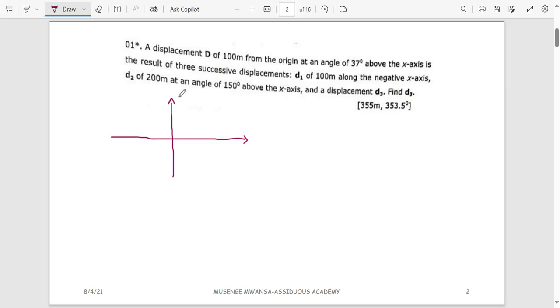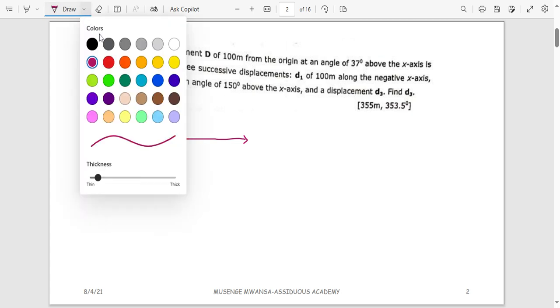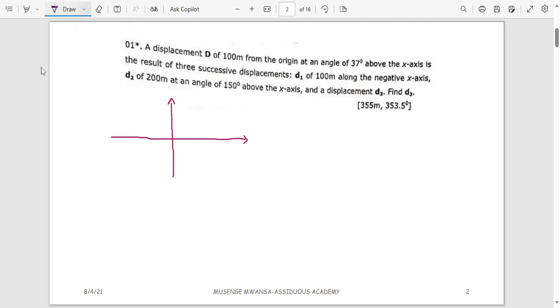And we have been taught that when you add vectors, what you get at the end of it all is what we call the resultant of a vector. So here they've told us that d is the displacement, the result after we add the three displacements.